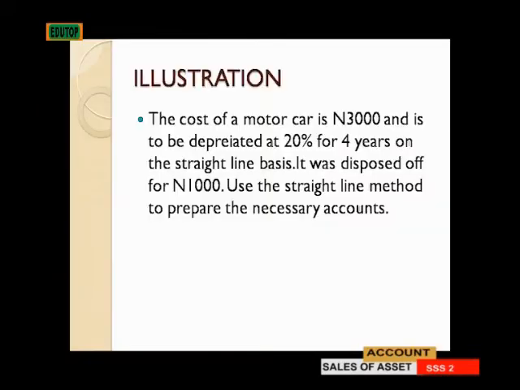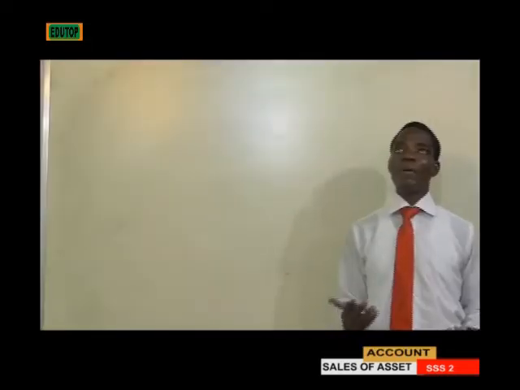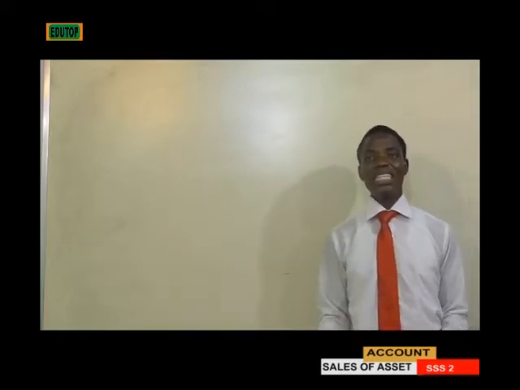Now, the illustration that has to do with sales of an asset, anytime you come across this question: the cost of a motor car is 3,000 naira and is to be depreciated at 20% for 4 years on a straight line basis. Here, you don't need to use any formula again. You know, I told you the other time that when you are preparing the trading profit and loss account, you will not have to prepare formulas for it. You will be given the percentage in the question.